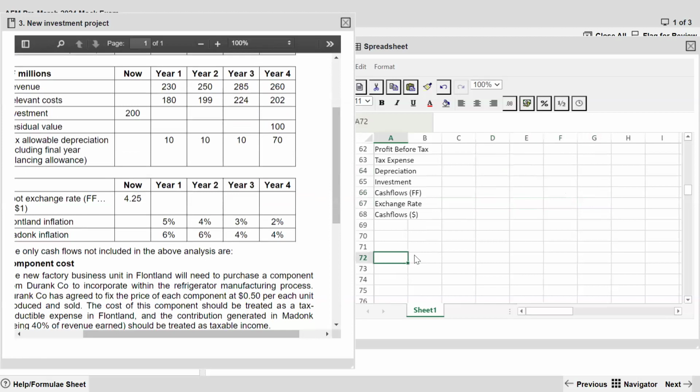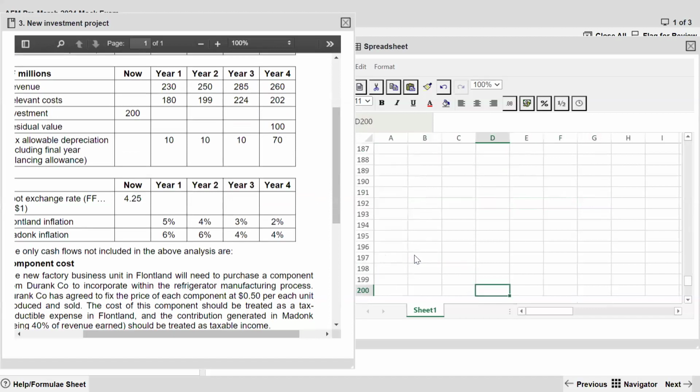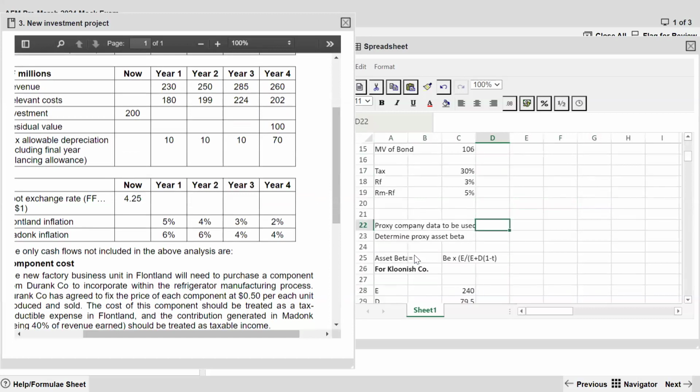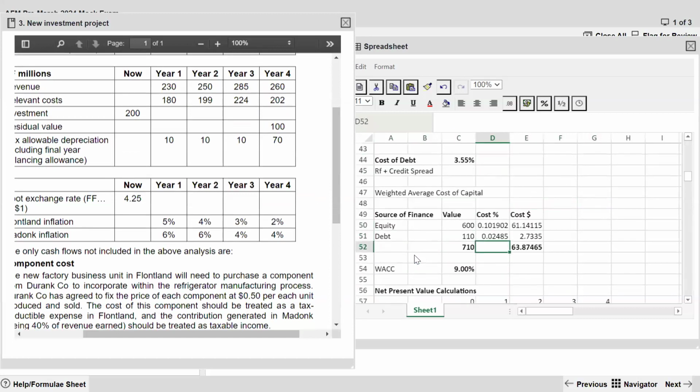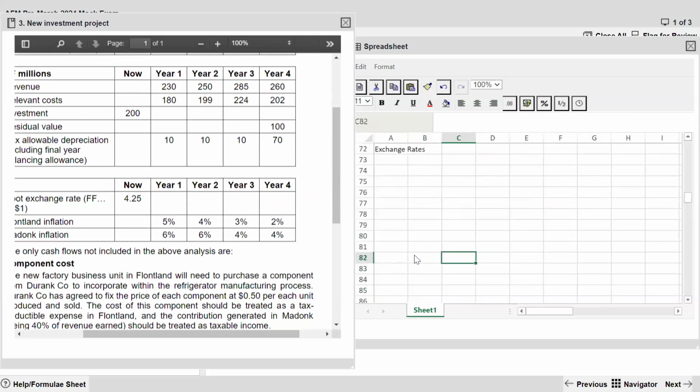So first of all, the exchange rates. Time period 0, 1, 2, 3, 4.